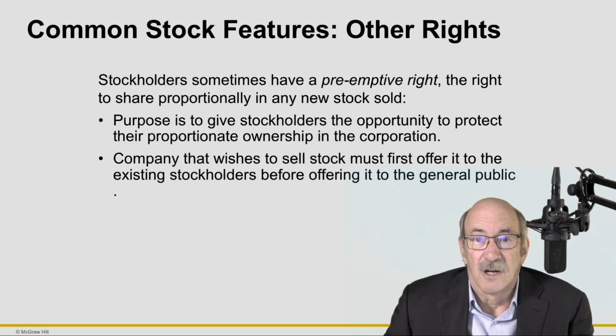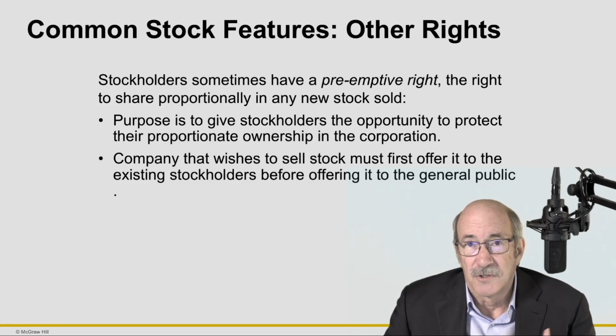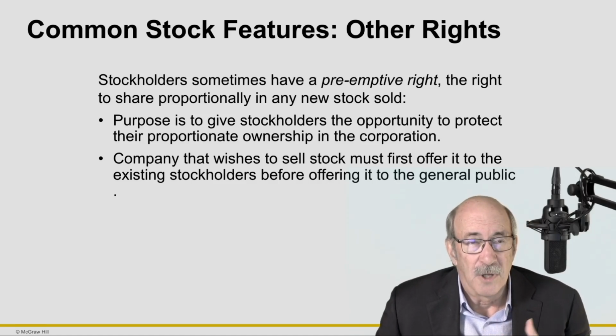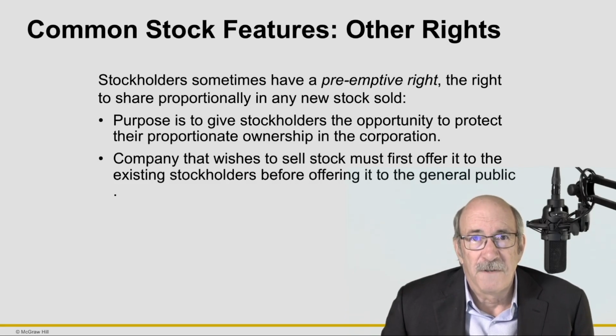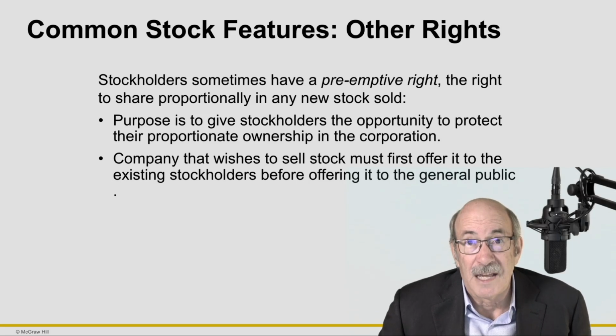Preemptive rights are very important. This is needed if new shares are sold. So when a company does its IPO, it might go IPO with, say, 10 million shares, and then a few years later it needs to raise additional capital, and it decides that it would like to raise that capital as equity. Then they do what's known as a seasoned equity offering.